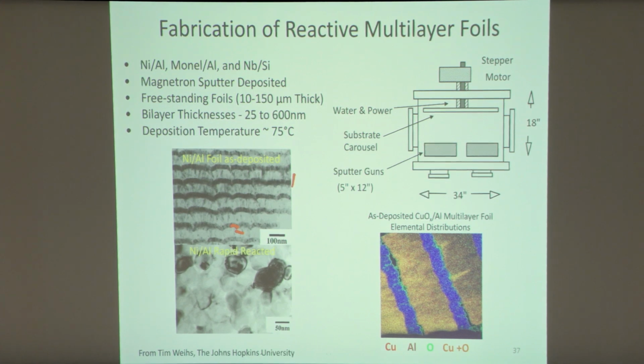And again, reaction rates are controlled by the length scales of each of these layers. So you can imagine a reaction wave going this way. Here's the reaction zone interface, and now I've got diffusion to and from that interface that's going to control the reaction rate.